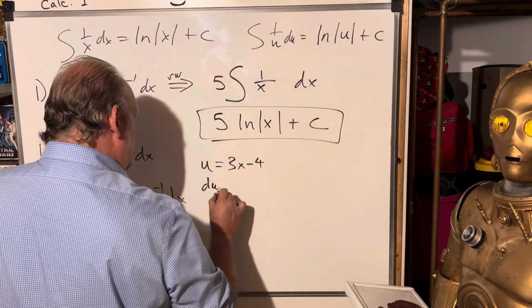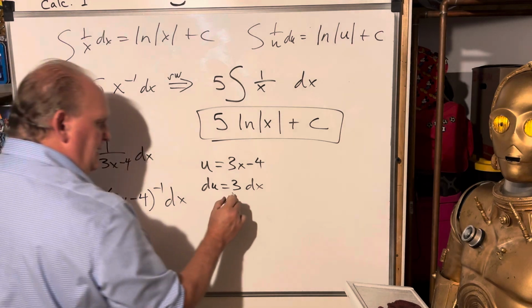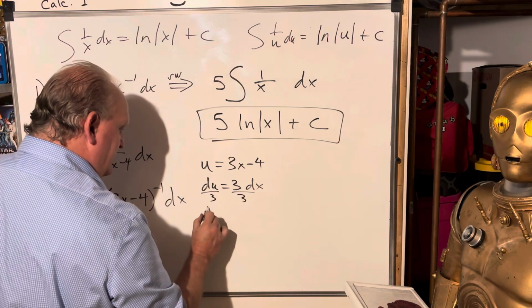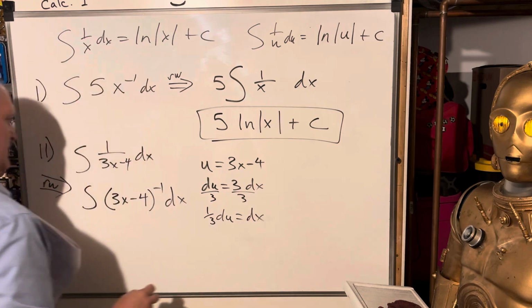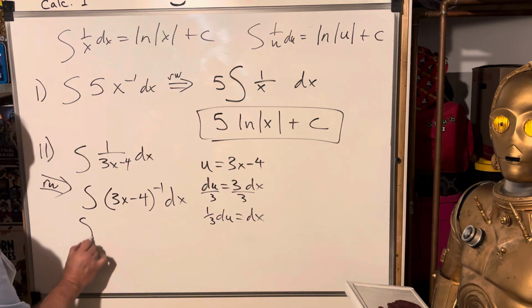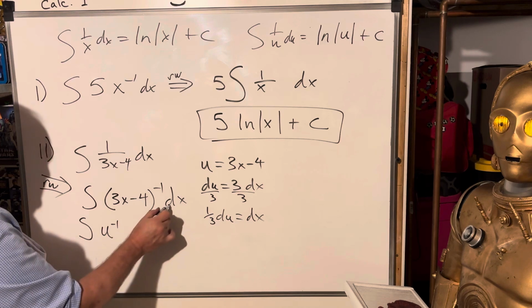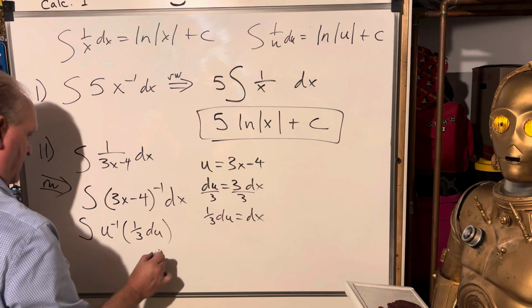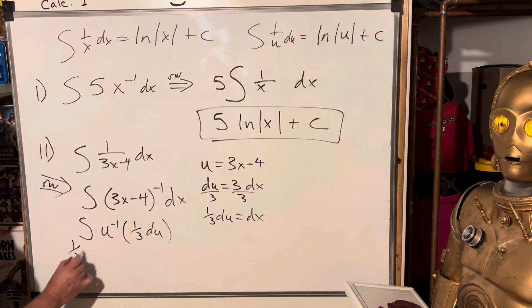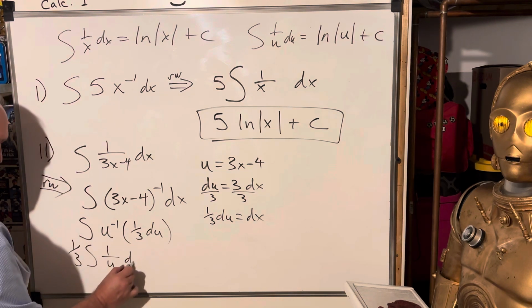Let's call du 3 dx, and then we have to fix it. Divide by 3, divide by 3. So I got 1/3 du is equal to dx. And so now we can sub in u to the negative 1, and then dx is 1/3 du. Pull that 1/3 out in front of the integral. Write that as 1 over u du.